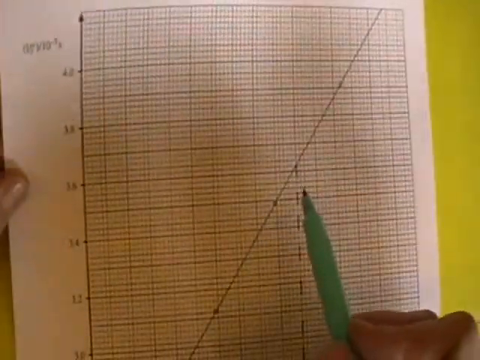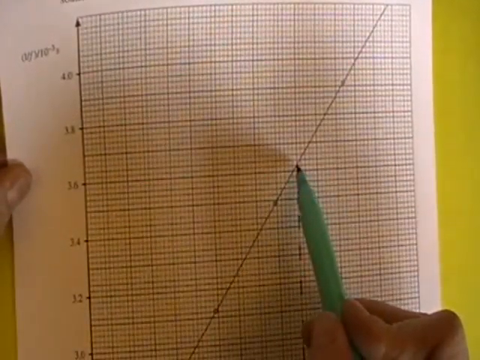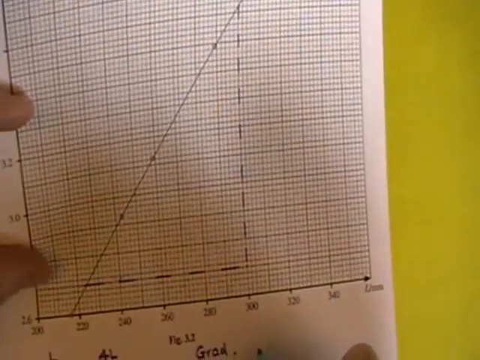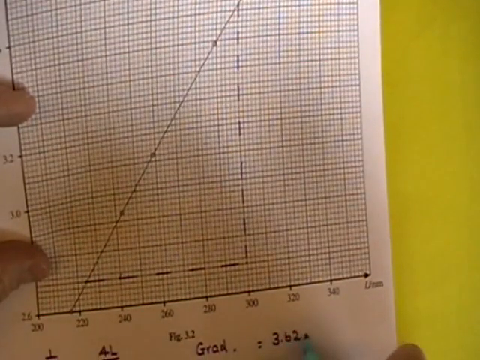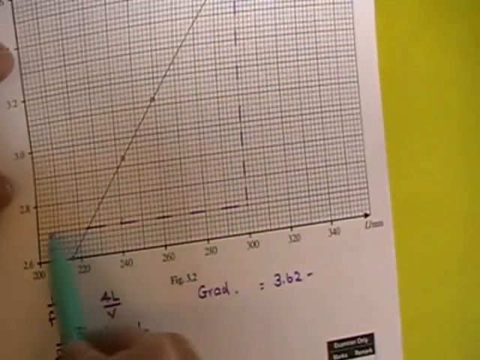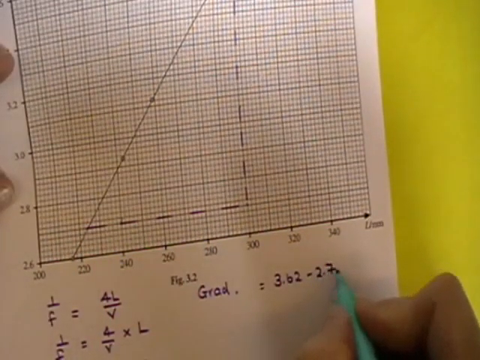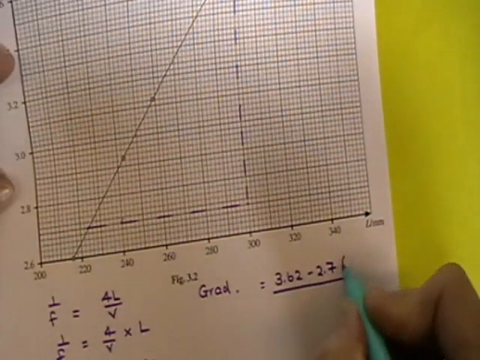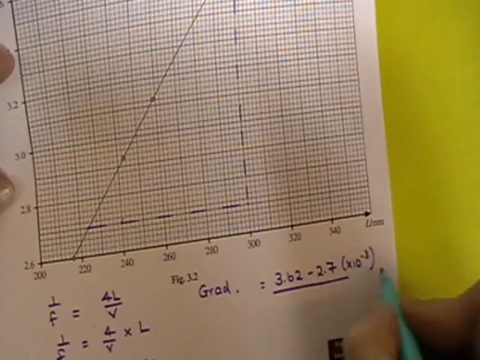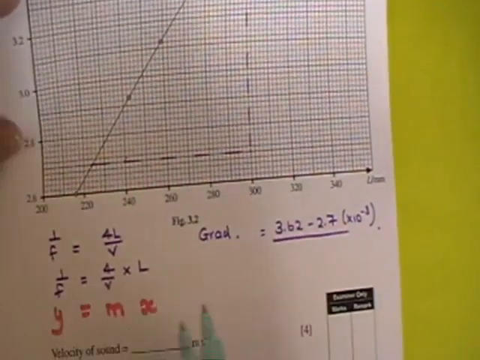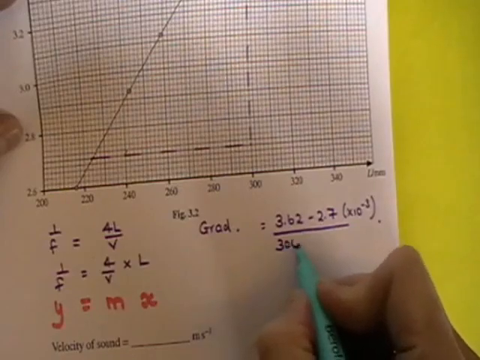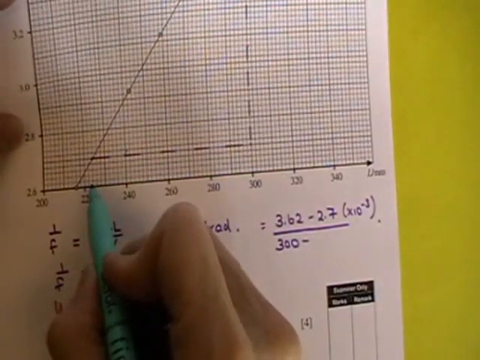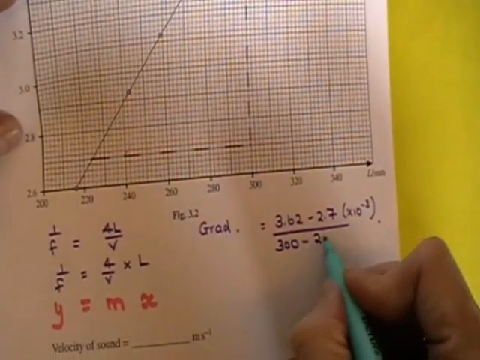So this one here is going to be 3.62, and the bottom y value is going to be 2.7, and that's by 10 to the minus 3. And then along the bottom we've got 300 minus 224.